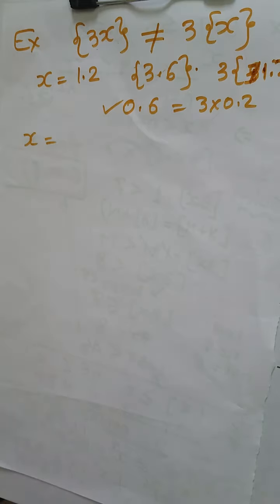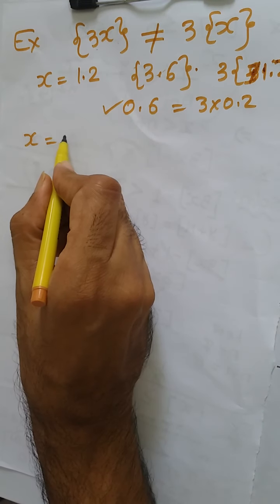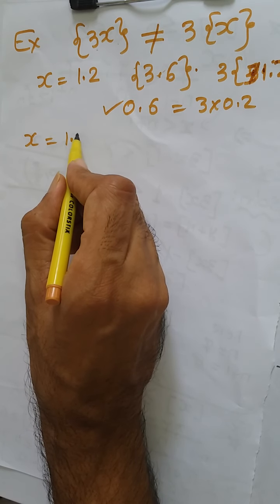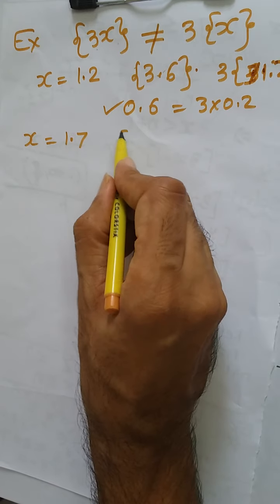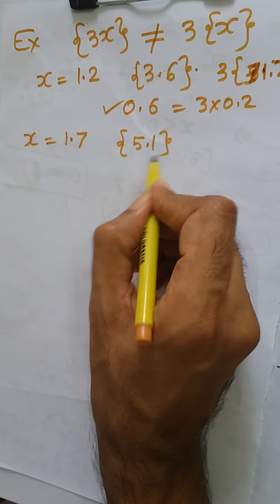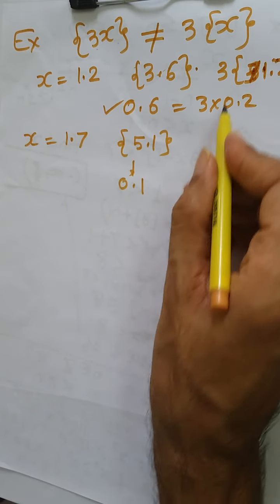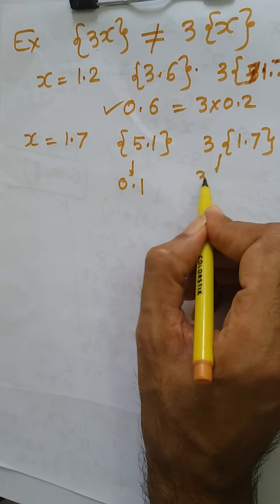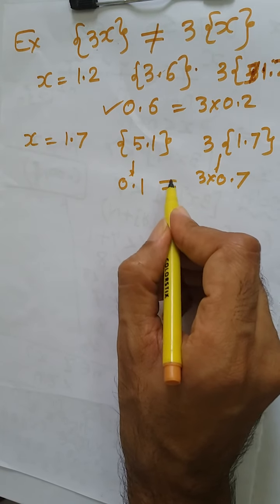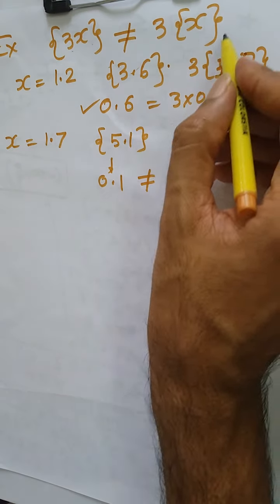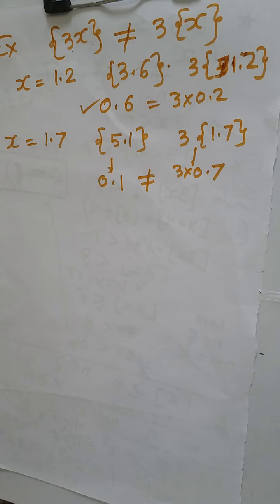Sometimes it may be satisfied, but if we take, let's say, x equal to 1.7, then 3 into 1.7 becomes 5.1, whose fractional part gives you 0.1. Now if you use 3 into fractional 1.7, it gives you 3 into 0.7, which is clearly not equal to 0.1. So sometimes it may be equal, but generally it's not equal. In some cases only it may be equal, otherwise it's not.